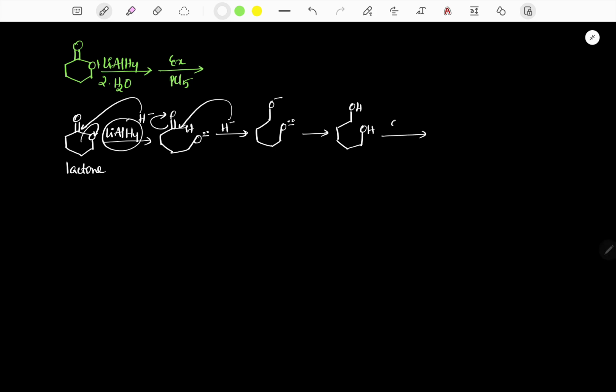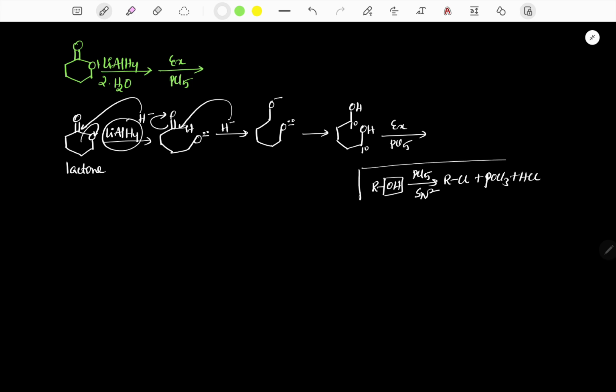Now it is treated with excess PCl5. It is a primary alcohol. When an alcohol is treated with PCl5 through an SN2 mechanism, in place of OH we write chlorine, giving alkyl chloride, POCl3 plus HCl.